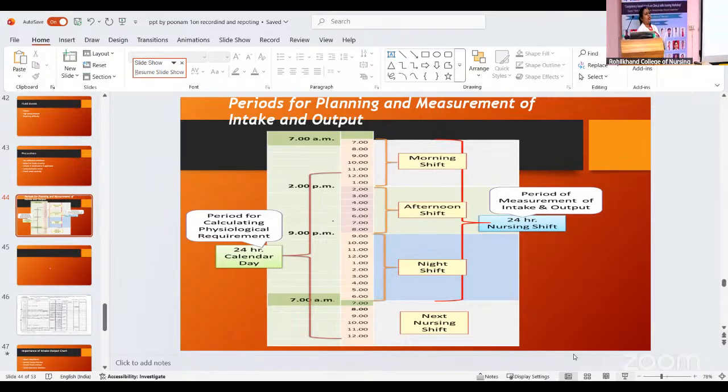In your sheet there is written NS infusion 3 means 1500 ml. 1500 ml you have to infuse to the patient. At what rate? Your rate will be different, say 100 ml per hour.